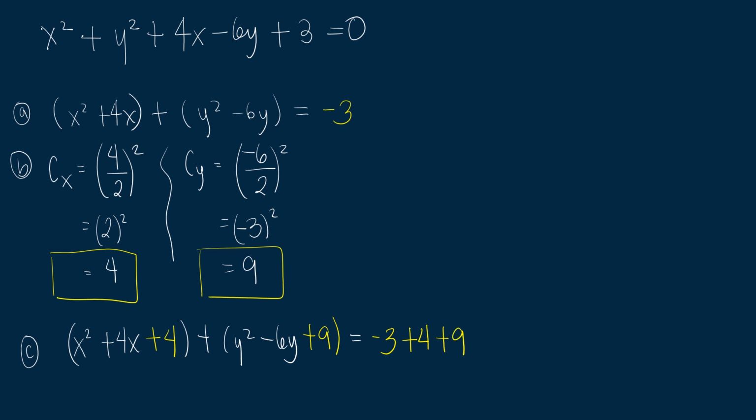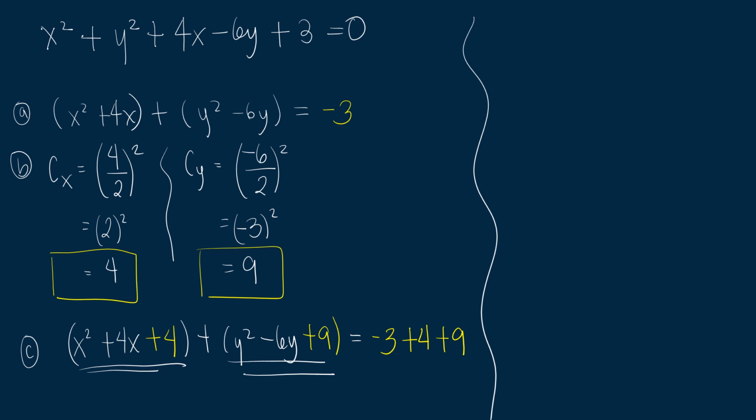Continuing to the next step, we can now simplify the right side and factor the left side. Since this is a perfect square trinomial, you recall the pattern we are using.